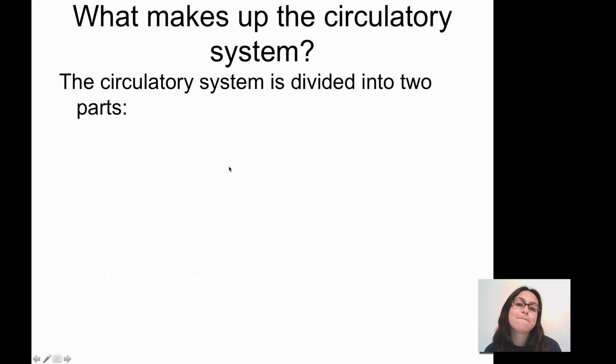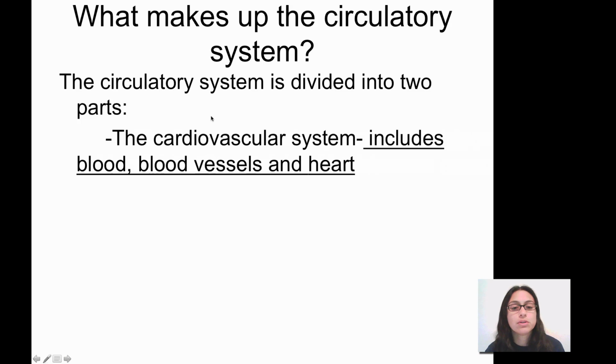Alright, usually when people think of the circulatory system, they think of the blood vessels and the heart, but the circulatory system can actually be divided into two parts. The one that a lot of people don't really talk about is the lymphatic system. So let's first do the cardiovascular system, my bad. The first part of the circulatory system is the cardiovascular system.